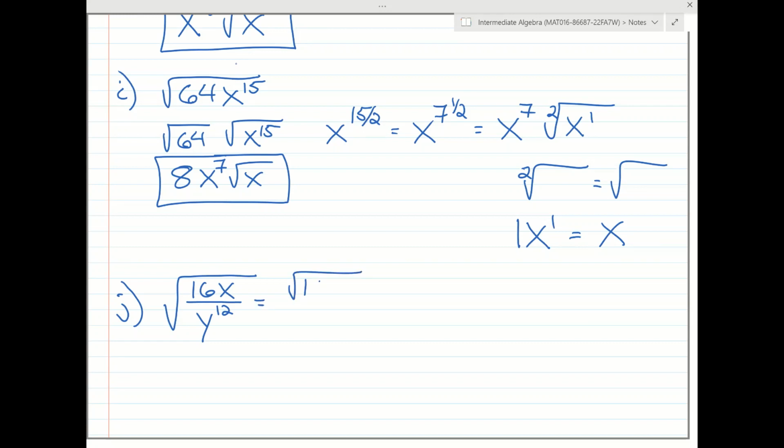Square root of 16 times the square root of x, all divided by the square root of y to the 12th. So let's kind of take these individually. First one, square root of 16 is just 4. Square root of x, there's nothing we could do with that. The square root of y to the 12th is one of those problems where we could write y to the 12 over 2, which is just y to the 6th.